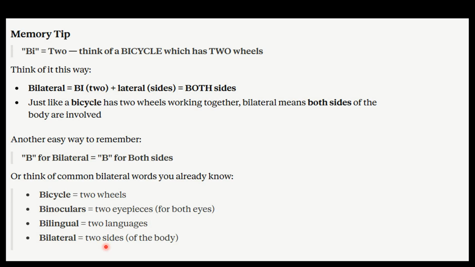Okay, so in all these examples, one thing is common, that is bi. So wherever we are using bi, that means two, means both sides. Clear? So yeah, this is how you can create a relation between the terms that are related to bilateral.